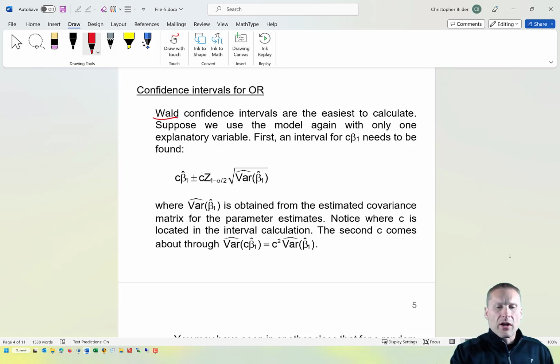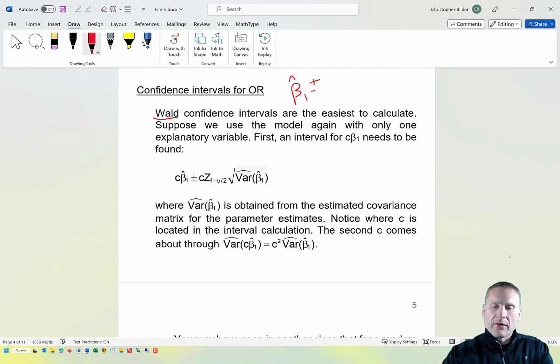We're going to first talk about Wald confidence intervals because they're the easiest to construct. Suppose I wanted to do a confidence interval for just beta 1 itself, and suppose again I have this simple logistic regression model with only one explanatory variable.